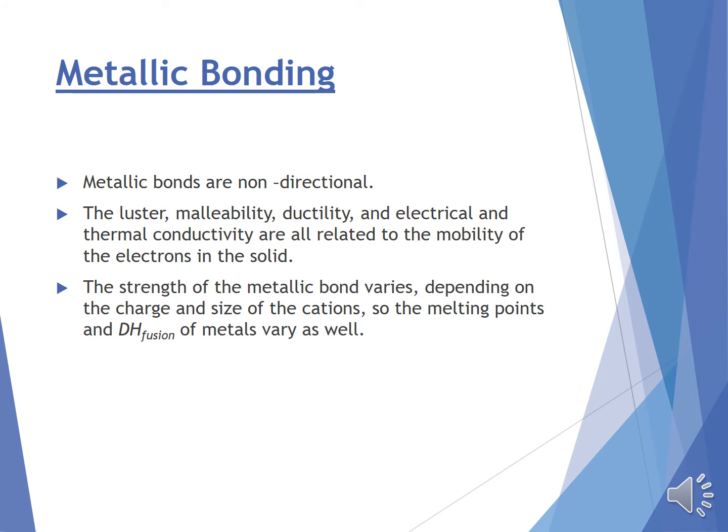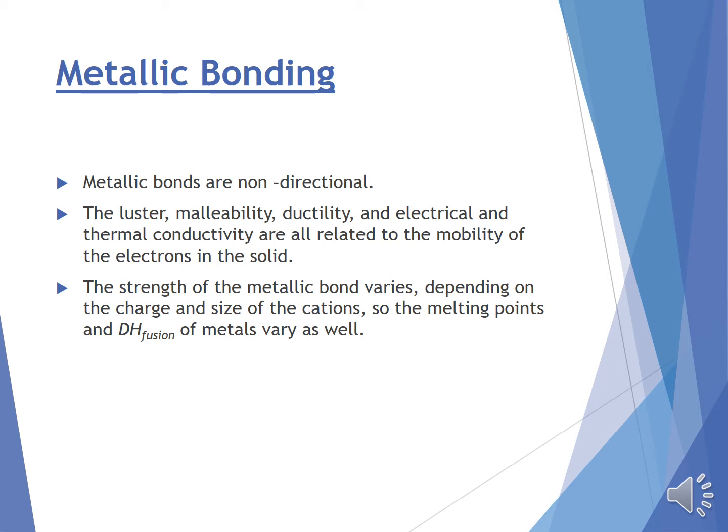Properties of compounds having metallic bonding. Metallic bonds are non-directional. Metals show properties like luster, malleability, ductility, electrical and thermal conductivity, tensile strength, toughness, and hardness due to the mobility of the electrons in the solid, which we are going to discuss later on.